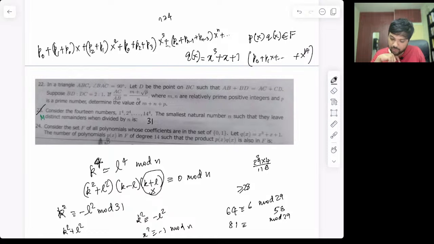The set of all polynomials with coefficients 0, 1, the number of polynomials of degree 14 such that p of x into q of x is also in F. If p1 and p2 are in F, then their sum is also in F, right? Difference is also in F. Oh no, but you can't guarantee the 0, 1 coefficients.